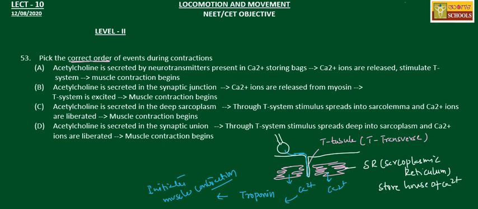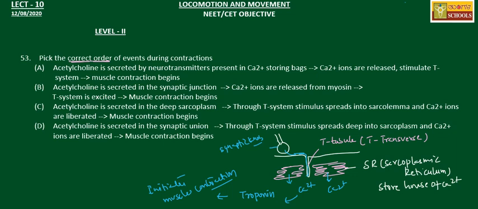Acetylcholine is released from the synaptic knob. Here is the synaptic knob that makes a neuromuscular junction with the sarcolemma. So acetylcholine is secreted by neurotransmitters present in calcium storage bags; that's a wrong statement. Calcium ions are released, then stimulate the T system.